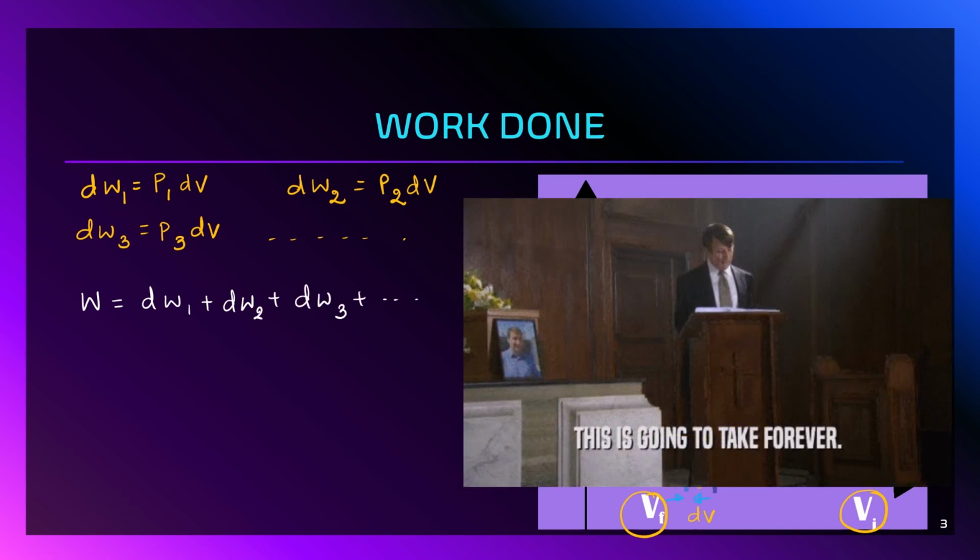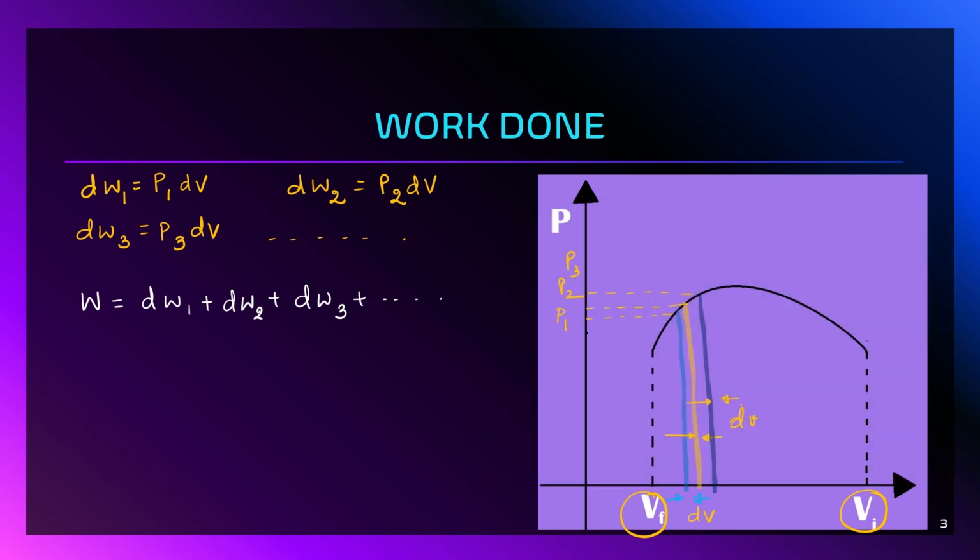And it's going to be a very tiring job. Hence, we are going to use the tool of integration. So by using integration, the expression becomes very simple. Instead of writing P1, P2, P3, I'm writing a general P, where volume is going to change from Vi to Vf.